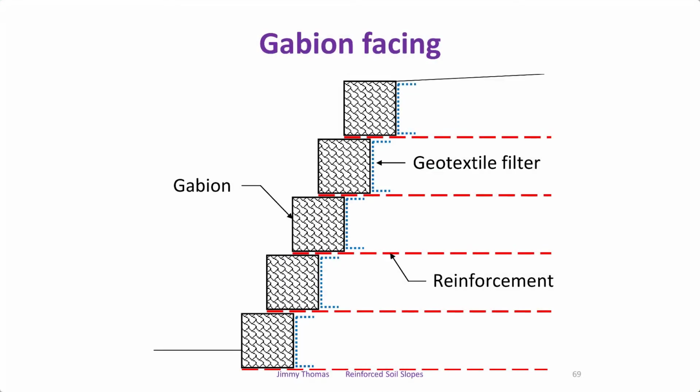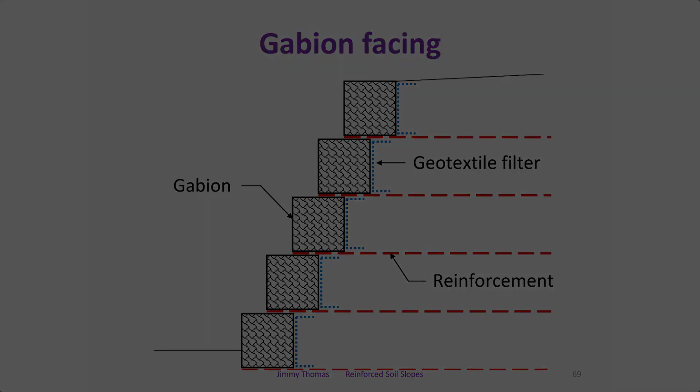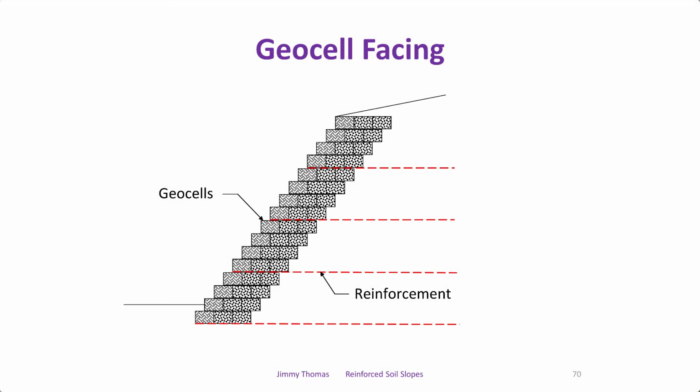We can have a gabion face, like with the gabion setback, we can have different types of slope angle. So again, here probably the connection strength, that also we may have to check. Another option is geocell, a slightly expensive material, but still very versatile.